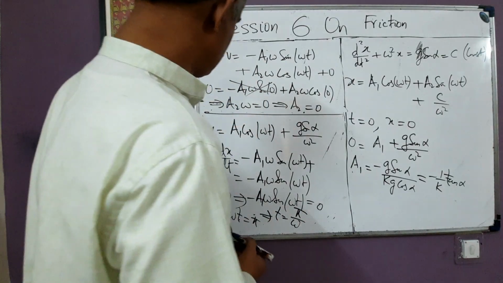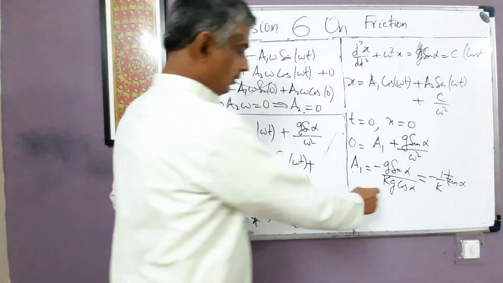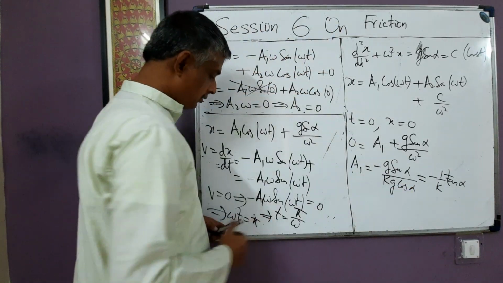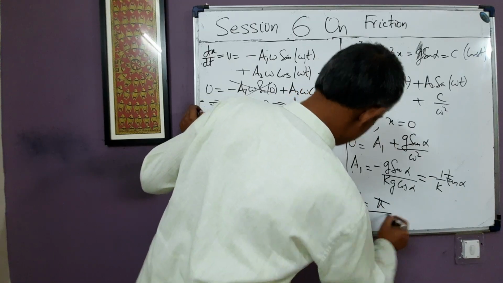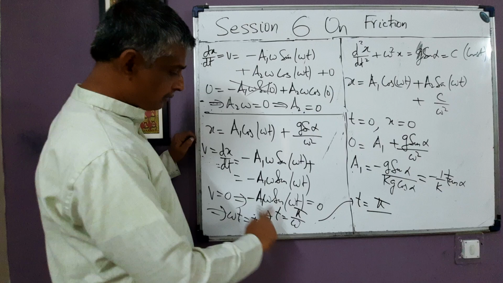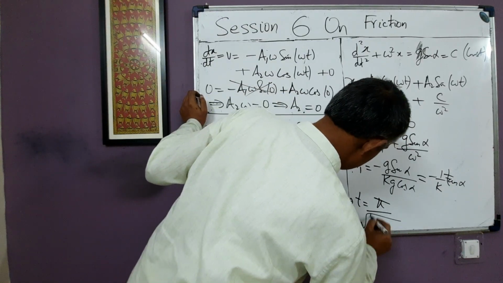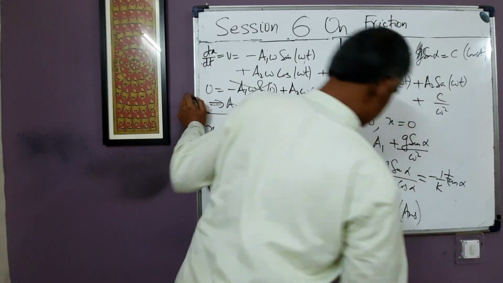So omega is what? Omega is equal to root kg cos alpha. So t becomes pi by root kg cos alpha. This is therefore the required answer.